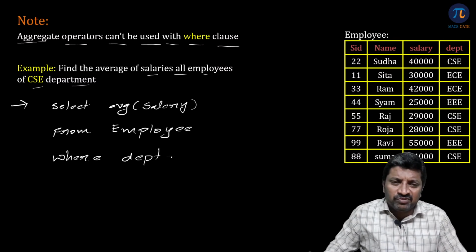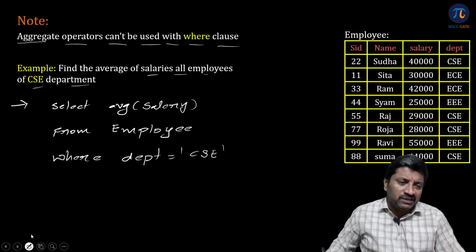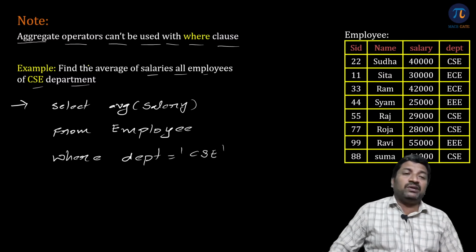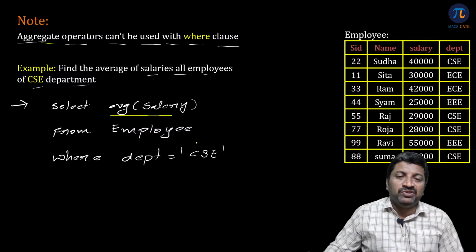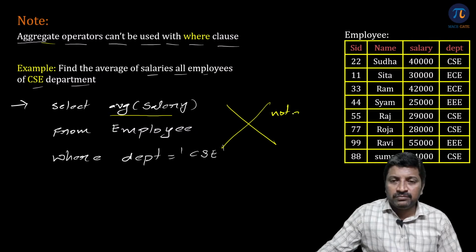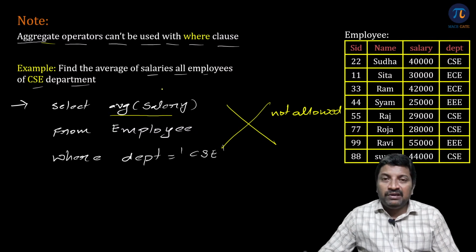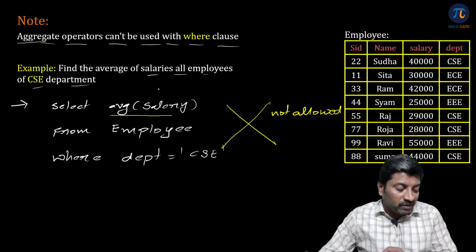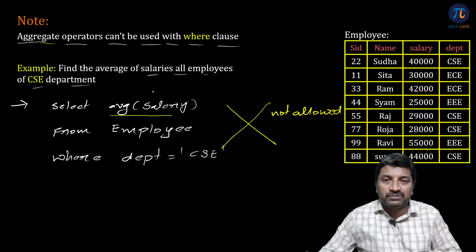So department equal to CSC. You might feel that we can write like this as the answer for this question, but these aggregate operators cannot be used with where clause. So this is not allowed. Then how to find it? For that we need group by clause. Okay. So let us discuss what is group by clause and how to use it.